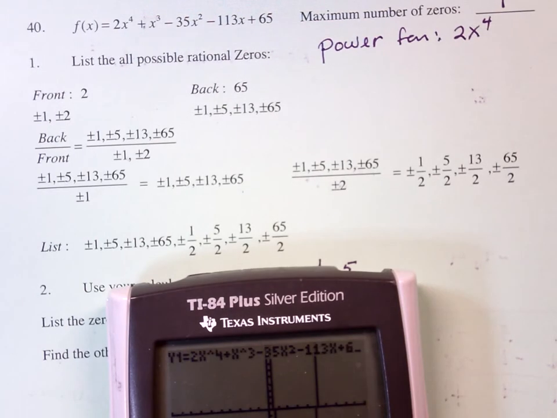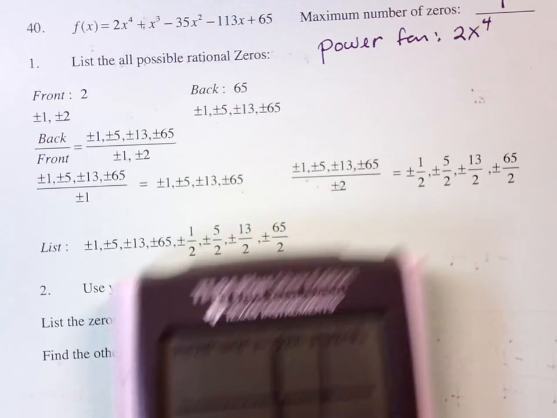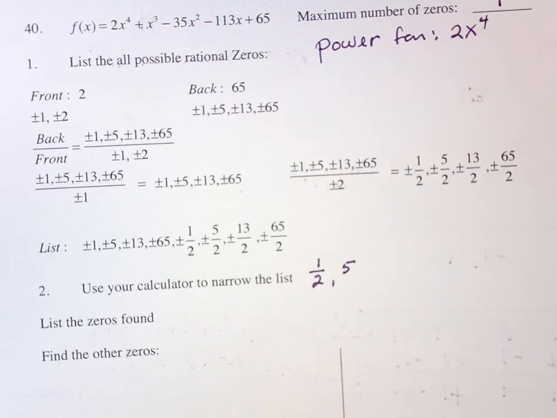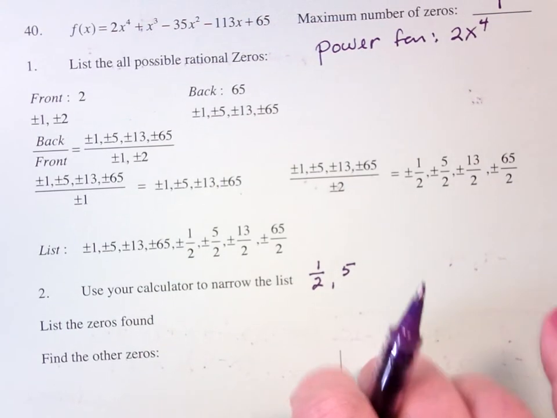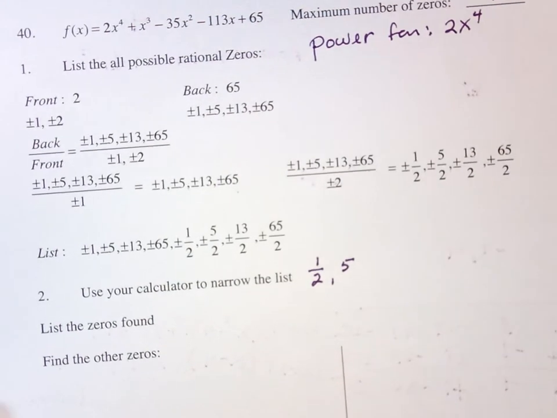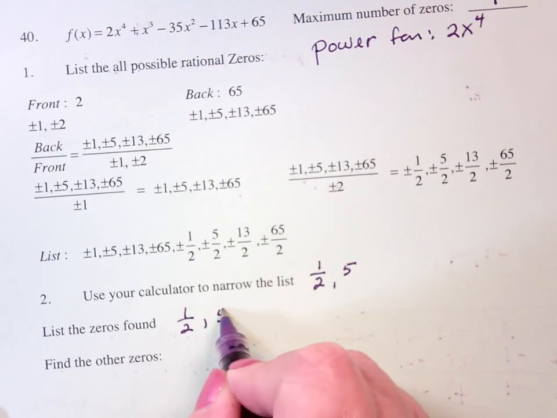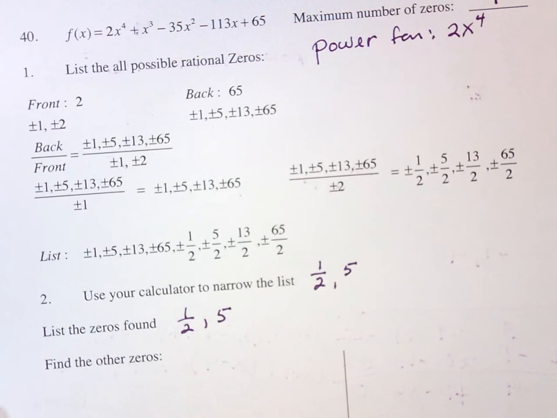So trace: 1 divide 2, 1 half. Yes. 5. Yes. They're both yeses, because I have a remainder of 0. That's using the remainder theorem. So the zeros that I found are 1 half and 5, and that means I already know 2 of the factors.